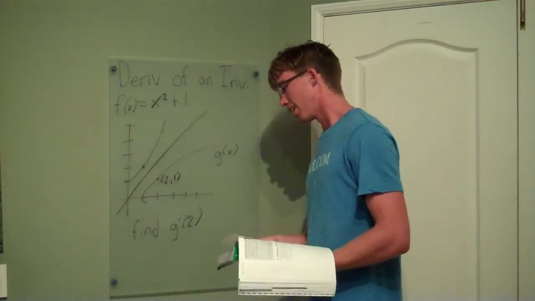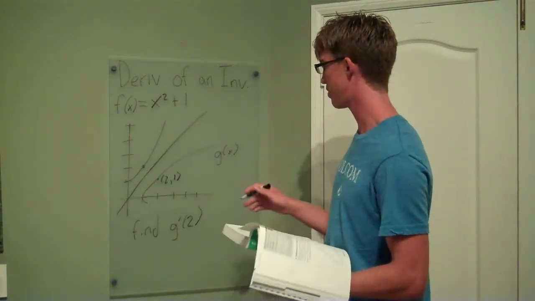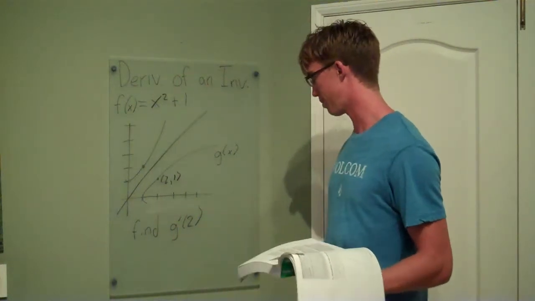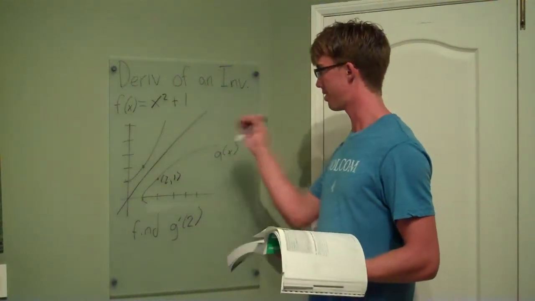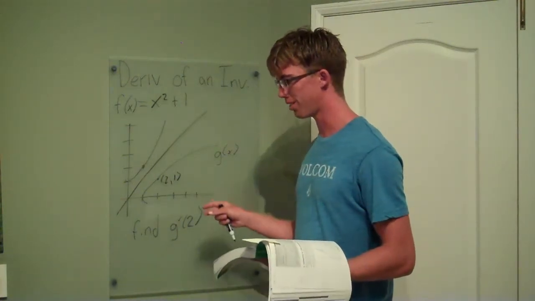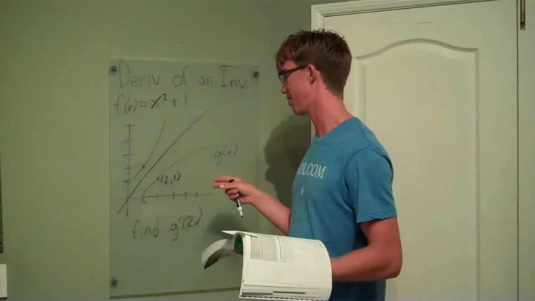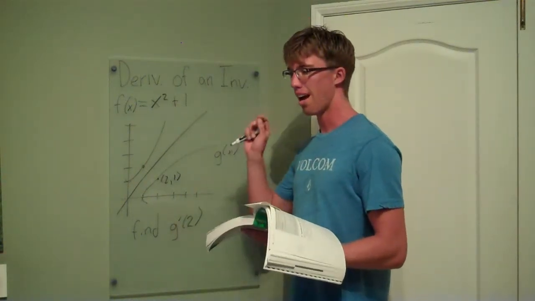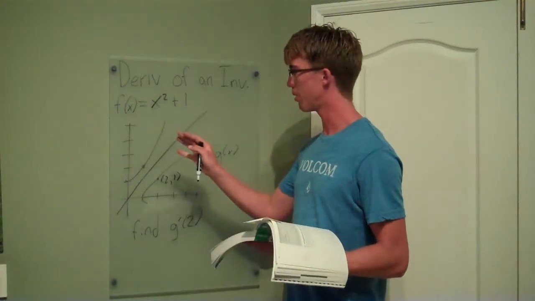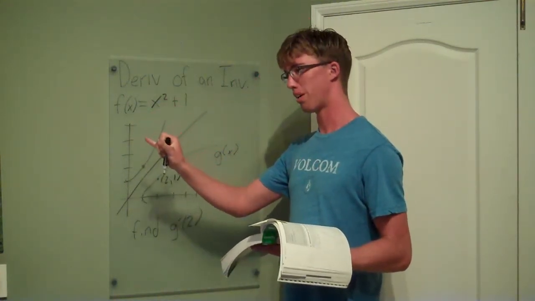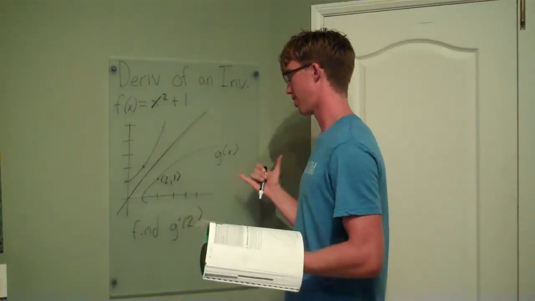Alright, now in order to do this, we have to use function f of x, obviously, because we don't know anything about function g. All we know is that it's the inverse of function f. And so what you have to use here is an interesting property of inverses, which is that with inverses, the x and y coordinates of one function are all reversed in its inverse.